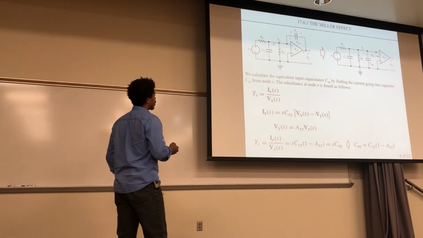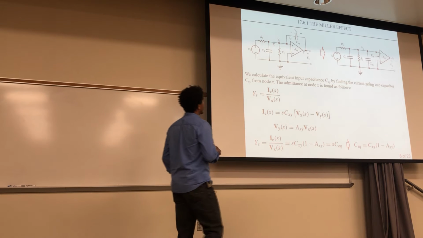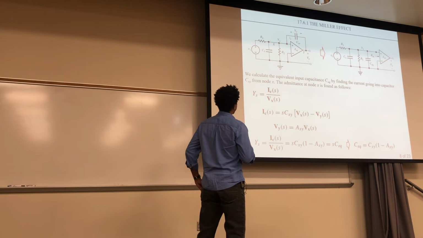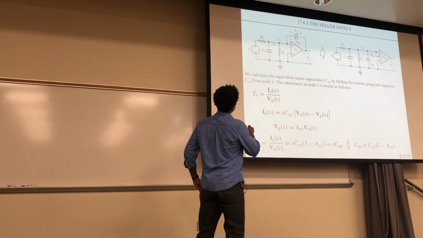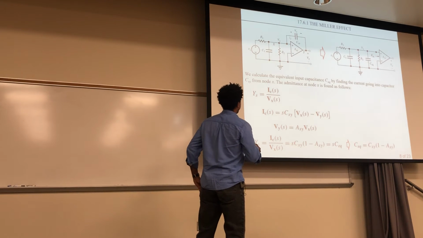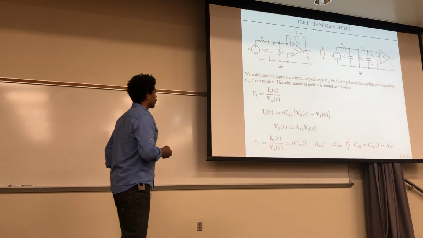Okay, so this current IC is equal to this conductance multiplied by the voltages across the capacitor. So here's Vx, and here's Vy right here. So that's what IC is.